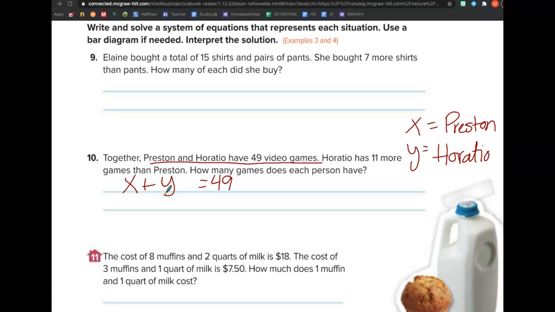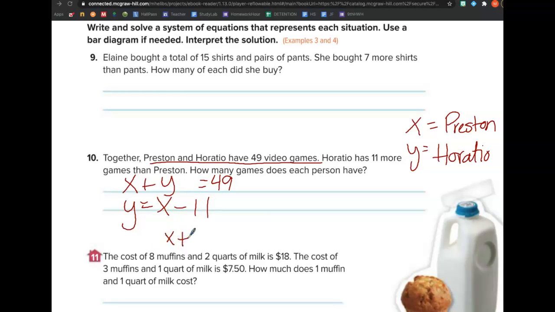Now my second equation, Horatio has 11 more games than Preston. So who has more? Horatio. So I have Y, because that's Horatio, equals. If Horatio has more, how do I write that? Wait, hold on.